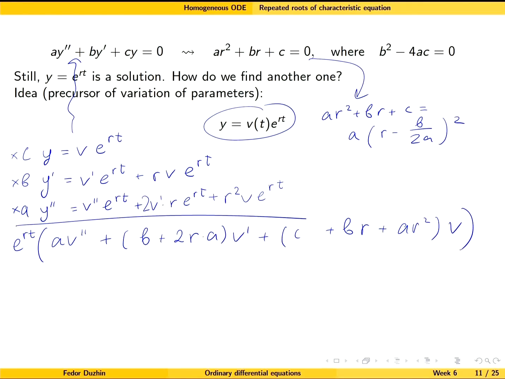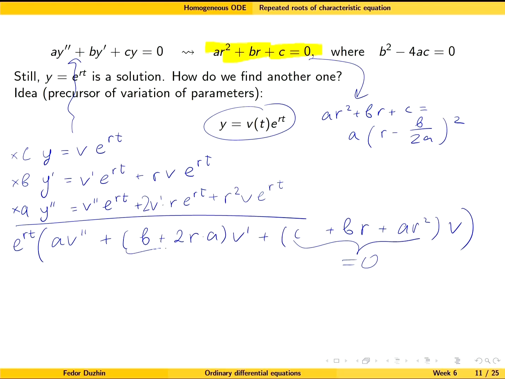Okay, right? But now notice that this is our characteristic equation, a r squared plus b r plus c equals 0. So which means that this is just 0.